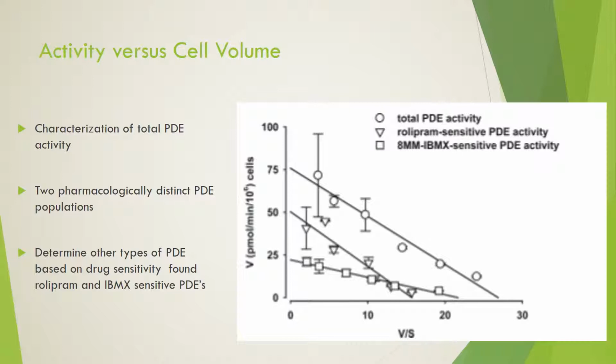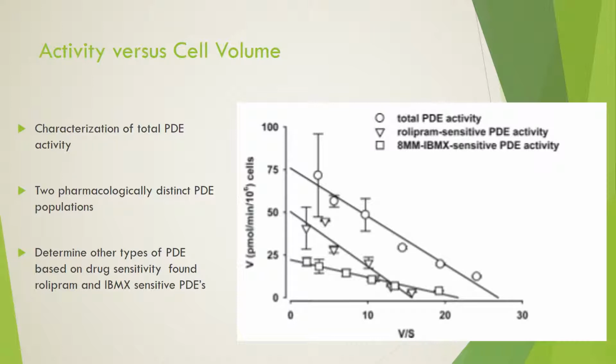This then relates the volume and the activity. So it shows the total PDE activity with the circles, and the rolipram sensitive, which is the PDE4 activity, and the 8-MM-IBMX sensitive PDE activity are squares.